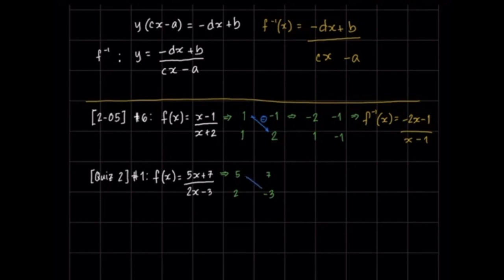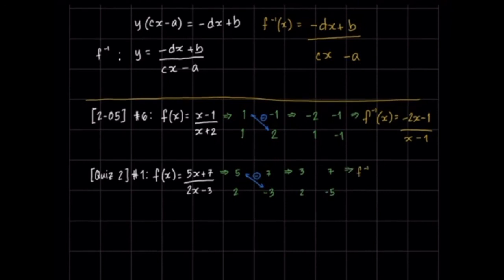To find the inverse, we interchange si a at d, or si 5 and negative 3, and we'll take the negative of those values. So, yung numbers natin magiging 3, 7, 2, and negative 5. Then, writing it down formally, we have f inverse of x equals 3x plus 7 all over 2x minus 5. And this is the inverse of our given rational function.